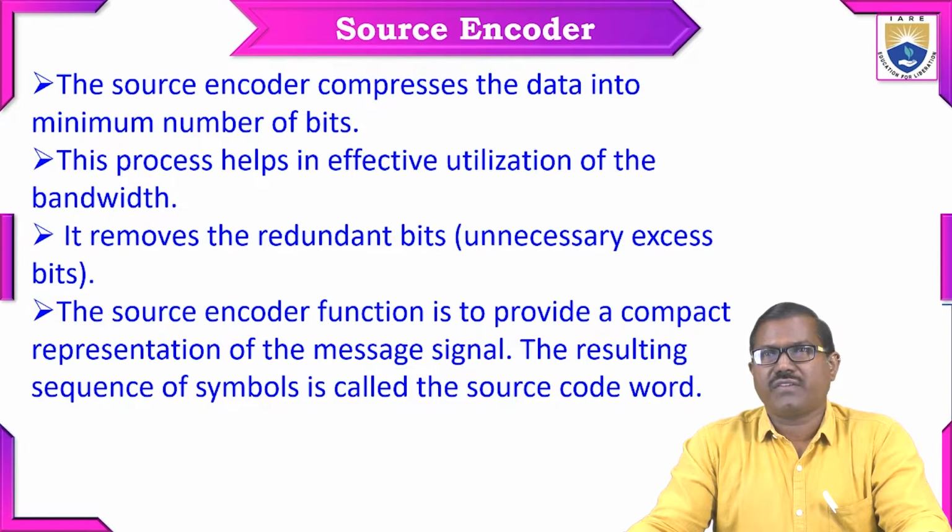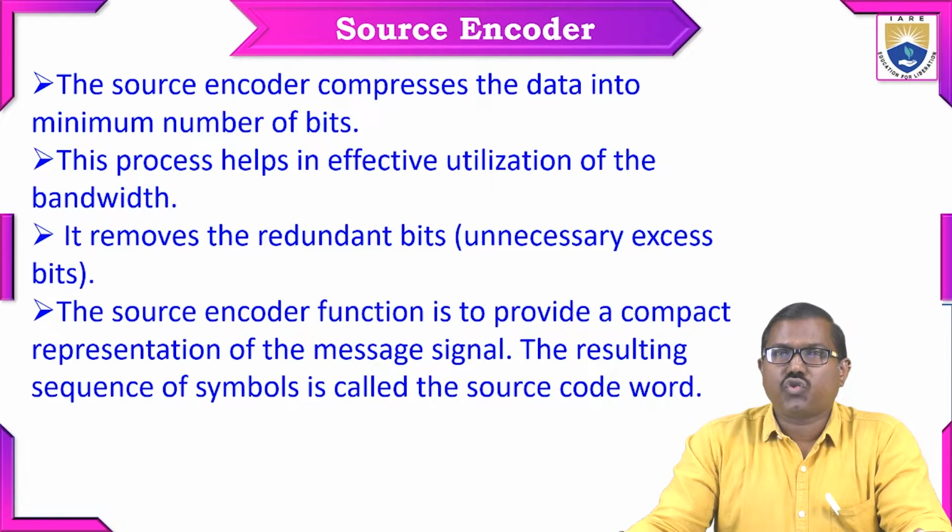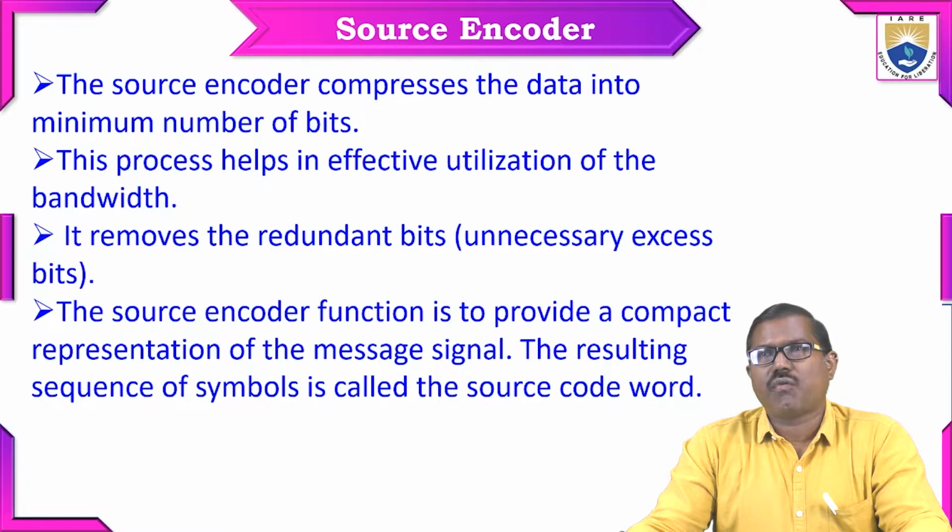This process helps in effective utilization of the bandwidth, and it removes the redundant bits. Redundant bits means unnecessary excess bits. The source encoder's function is to provide a compact representation of the message signals. The resulting sequence of symbols is called the source code word.